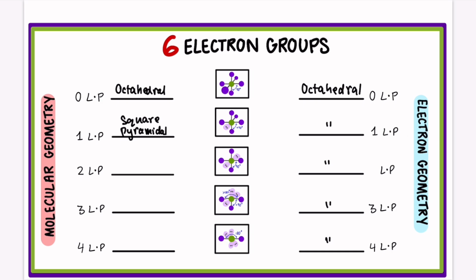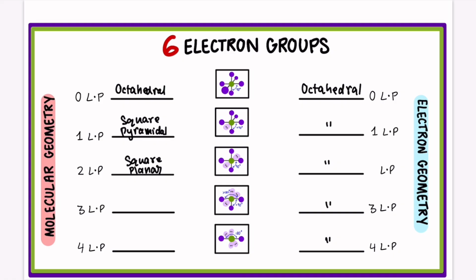Okay, its molecular geometry with 2 lone pairs is called square planar, with bond angles of exactly 90 degrees. And the planar shape is two-dimensional compared to the pyramidal shape from above.